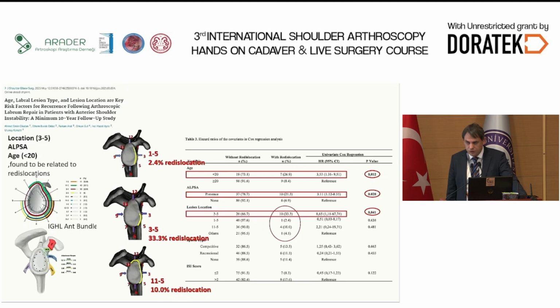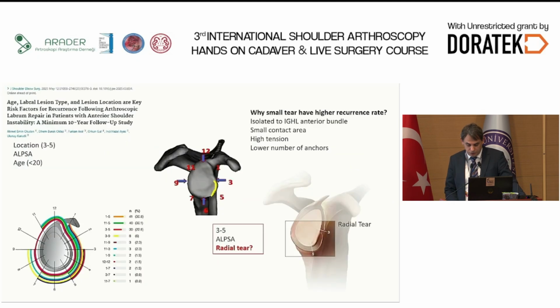But surprisingly, if the lesion is smaller, between 3 and 5 o'clock, the redislocation is about one third, 33% dislocations with the small defects. Why? Maybe the smaller lesion is an isolated lesion of the inferior ligament's anterior bundle.